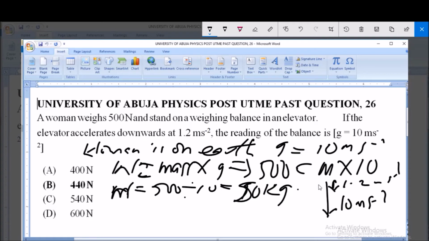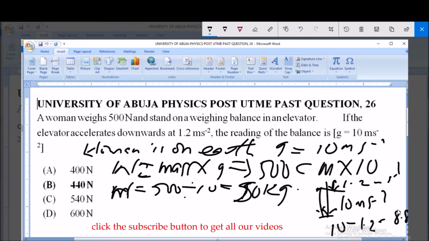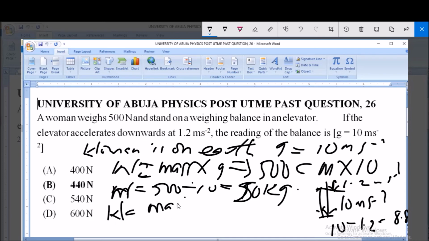Now you notice that the net acceleration will be from this point to this point, which is 10 minus 1.2, which is equal to 8.8. Now 8.8 is the net acceleration. We have that the mass of the woman is 50 kilogram, so her weight now will be equal to the mass times the net acceleration, which we just found.